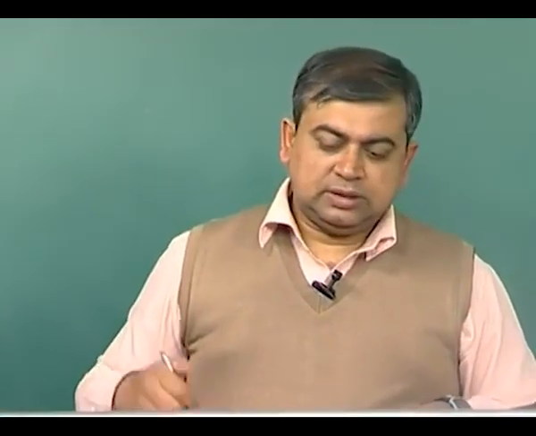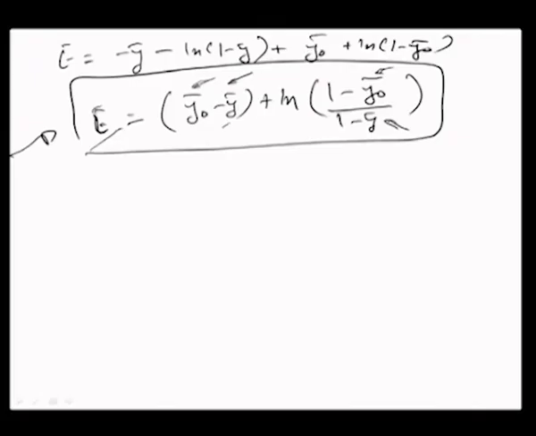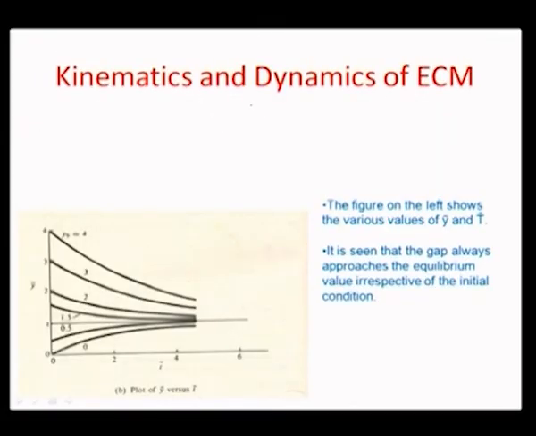If we plot t dash and y dash together in an xy plot like this, you can find that for various values of initial gap at time t equal to 0, there is a plot for which y 0 is 4. There is a plot at time t equal to 0 where y 0 is 3, or 2, or 1.5. So these are different initial gaps for the process.